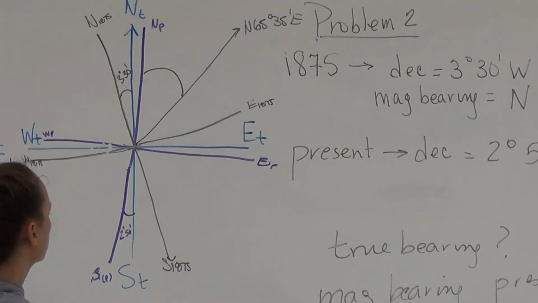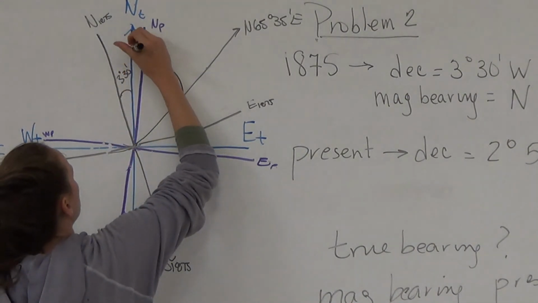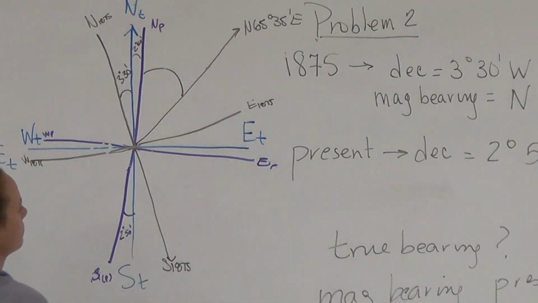Do you want to write the 2:50 up top too? Sure. One thing you're realizing is that when I printed these out for you, they're taking up half a page. When you do your homework, you tend to do something small. You can imagine that if it's small, you could screw up, right? So make sure you're making a pretty good size so that you can actually measure the angles.